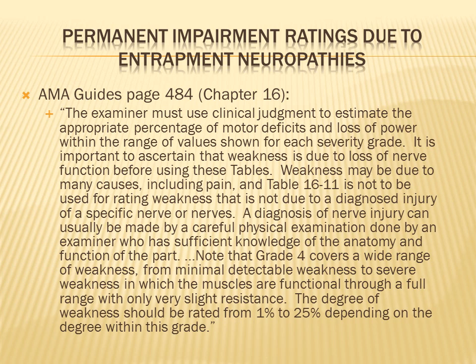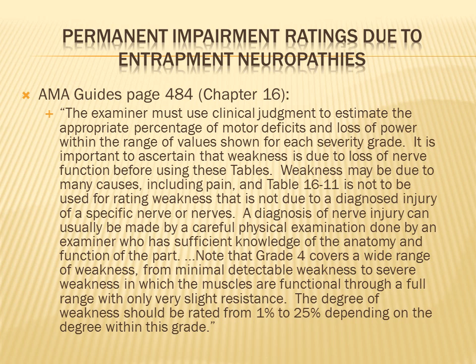The AMA guides go on to state, note that grade 4 covers a wide range of weakness, from minimal detectable weakness to severe weakness, in which the muscles are functional through a full range with only very slight resistance. The degree of weakness should be rated from 1% to 25%, depending upon the degree within this grade.